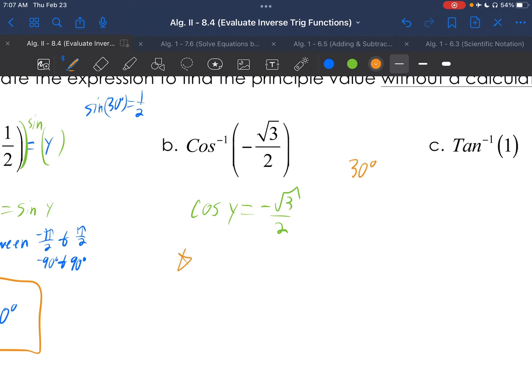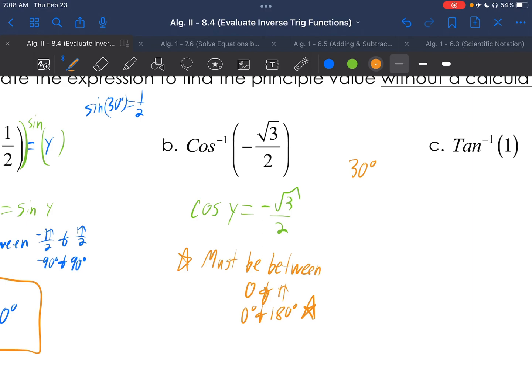And we must note that it must be between 0 and pi, aka 0 degrees and 180 degrees, for inverse cosine.